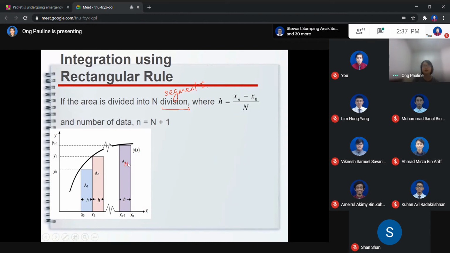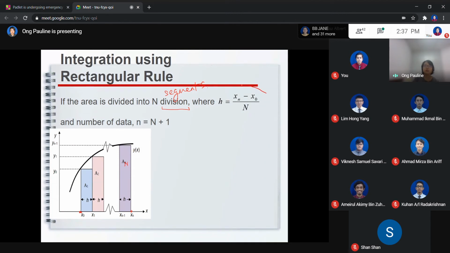Right. And the width of the rectangles is calculated by using the upper bound, xn here, minus the lower bound, the x naught here, and divide by how many rectangles or how many segments that you are using.